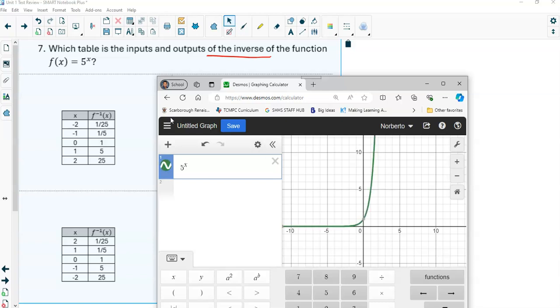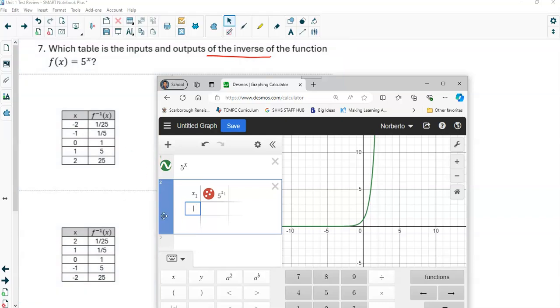There it is. Now I want my table. I just add one, and I am going to copy this. Put a 1 there.